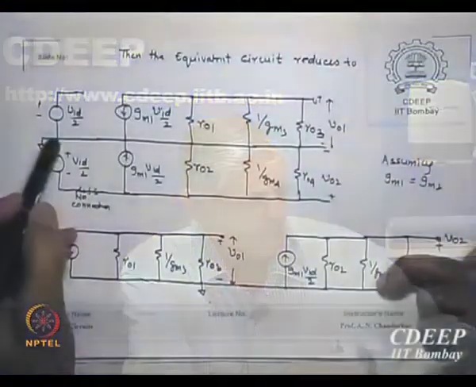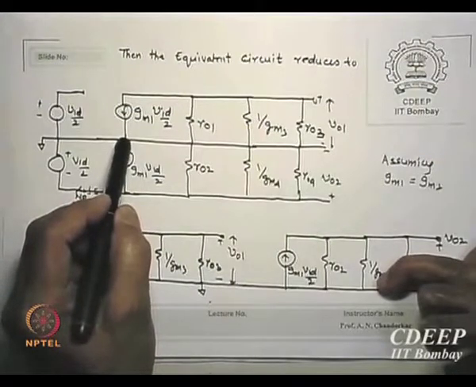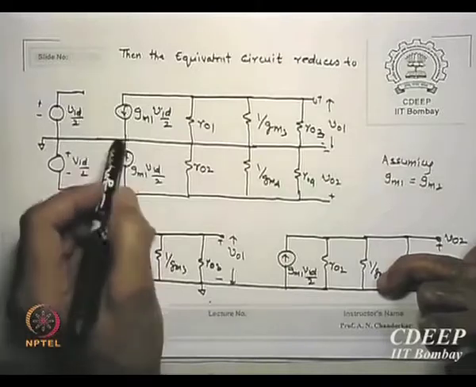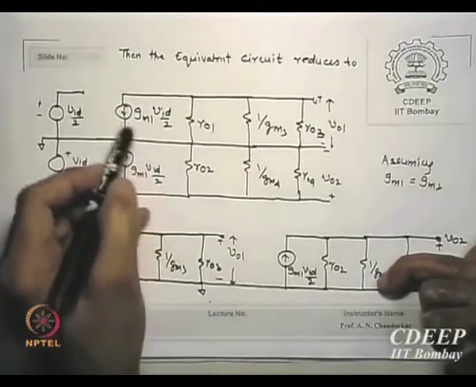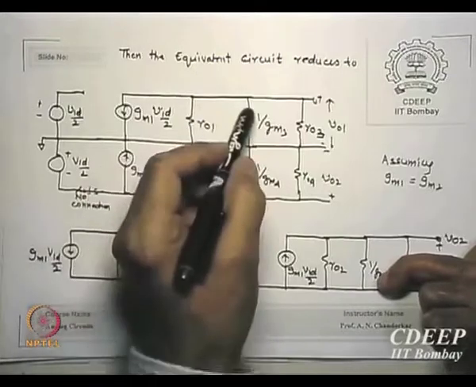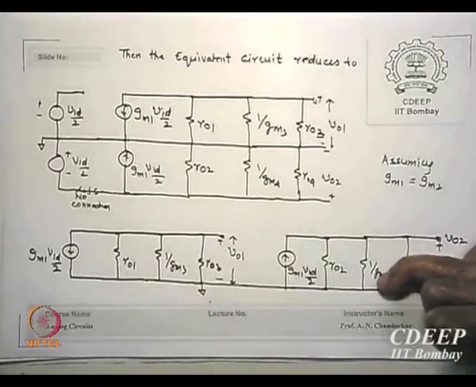They just forget about RO5 and put the source of these transistors to the ground. We have removed RO5 from here; equivalently, this is ground, this is GM VGS by 2, GM VGS by 2, this is RO1, RO2, 1 upon GM3, 1 upon GM4, RO3 and RO4.